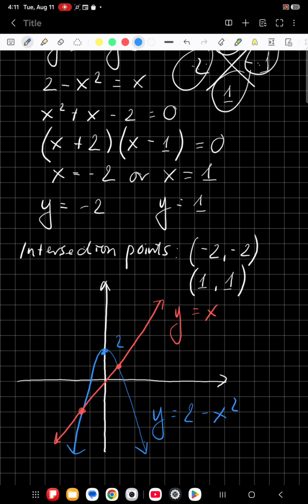Okay, now we're ready to write the integral for area. When we're calculating those areas, it's good to keep track of which curve is on top, and I'll be subtracting this from that.